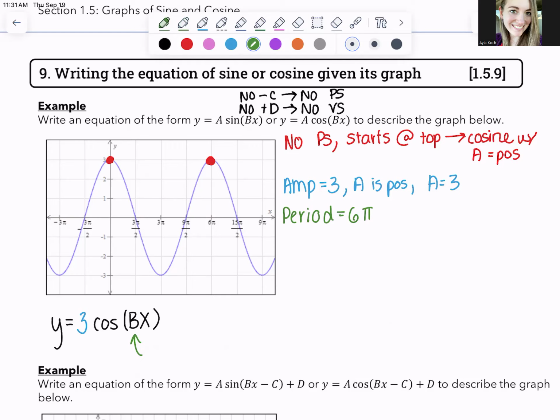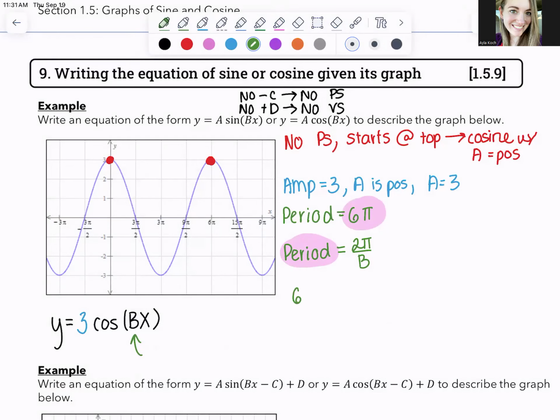We need to find B. We know what the period is. So what we're going to do is use the formula that period is equal to 2 pi over B, and we will solve for B. We know the period is 6 pi, so I'm going to replace period with 6 pi.